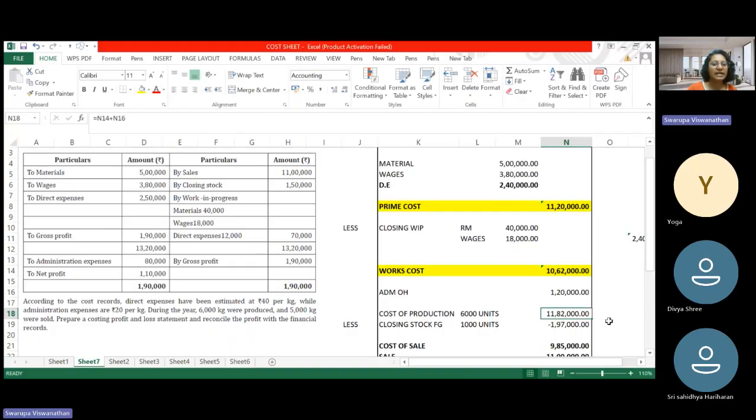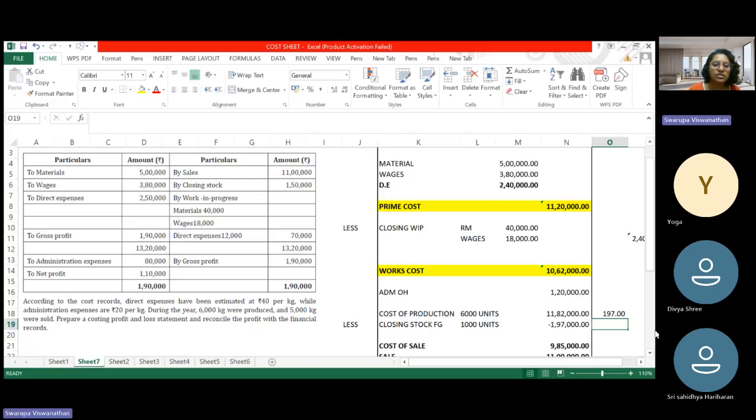Okay. Now minus closing stock. Now closing stock, how to value closing stock? Closing stock will be valued at cost of production. Cost of production is 11,82,000 by 6,000, which is 197 per unit.